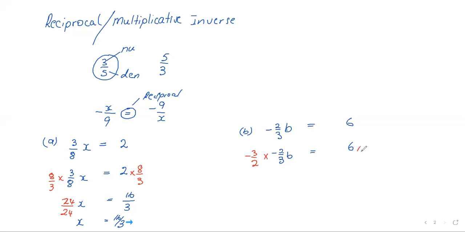Now on the left-hand side, we have multiplied by 3/2, which is 1.5, of course. On the right-hand side, we do the same. Now, a number multiplied by its multiplicative inverse, we have seen here that the answer is 1. So you have 1B there.